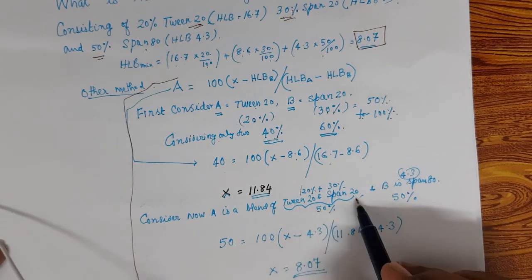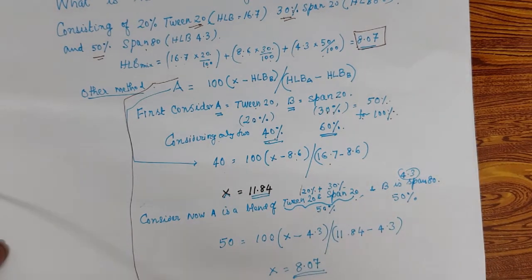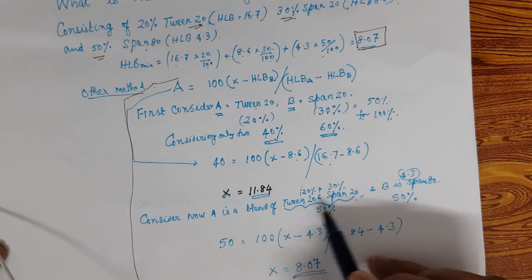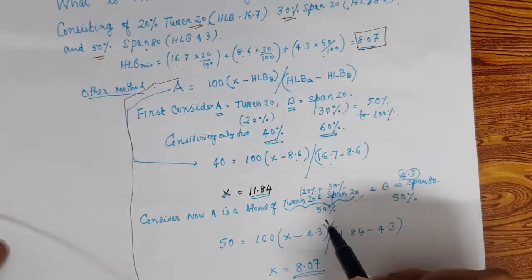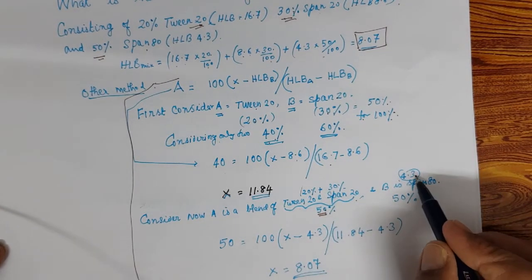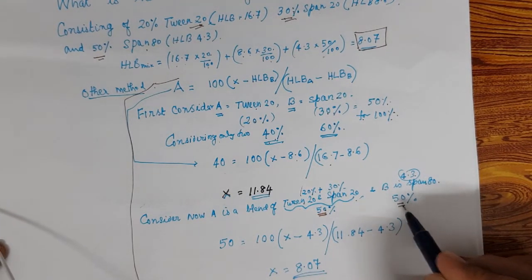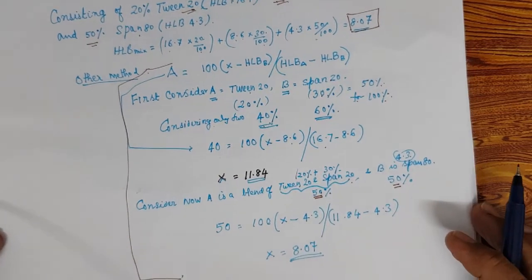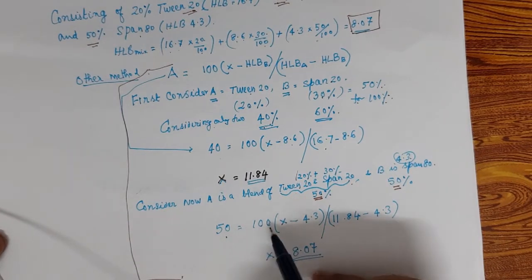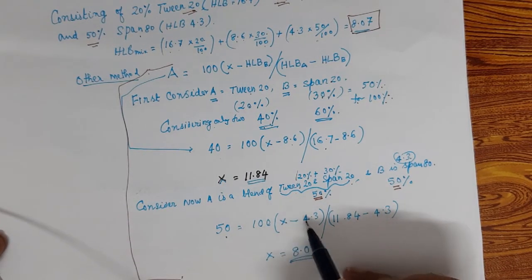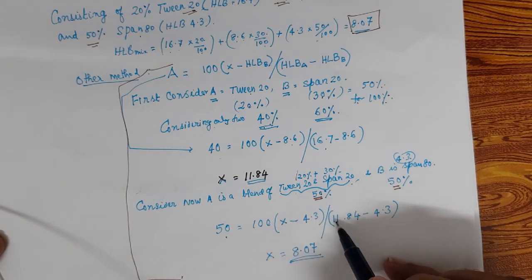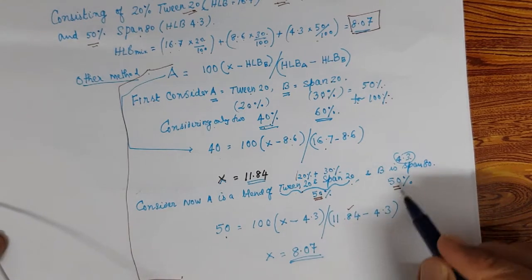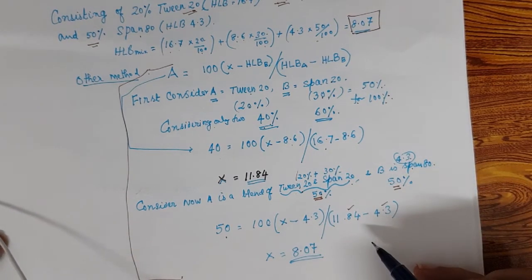Now, consider Tween 20 and Span 20 as one blend and Span 80 as another blend, right? So Tween 20 and Span 20 is 30 plus 20, 50%, and Span 80 is 50%. Consider this as A. Now 50 is equal to 100 into x minus 4.3 divided by the HLB of this 11.84 and the HLB of this 4.3.